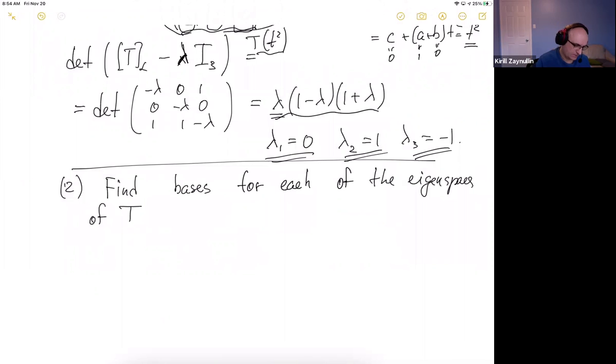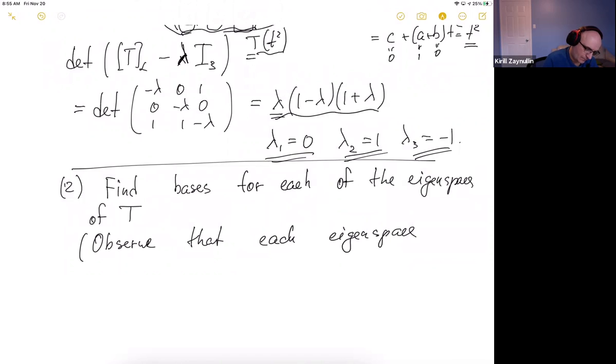So first of all, I'll observe that each eigenspace must have dimension 1, because all those eigenvalues are different, right? Whenever you have an eigenvalue, there must be an eigenvector by the very definition, and it has to be a non-zero vector.